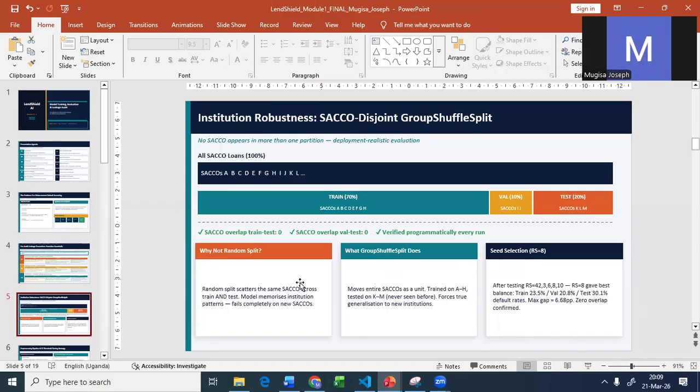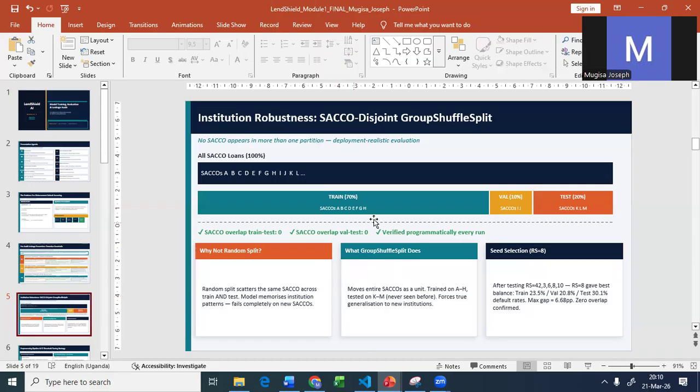Therefore the model will not be robust on new circles or microfinance institutions. It will just predict based on certain patterns, and that is not going to hold true in the real world, where we want to deploy these models to predict from different circles whose data didn't come from the data we used to train the model.